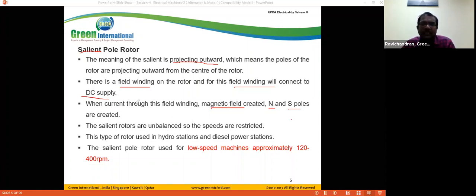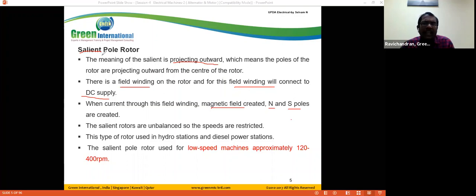Here, the magnetic field is in the rotor, and this magnetic field is rotating. Once again I say that the magnitude of the magnetic field is constant, that is, the flux is constant, but the magnetic field is rotated. Here the magnetic field is rotated and we have a conductor, and this conductor cuts the magnetic field.